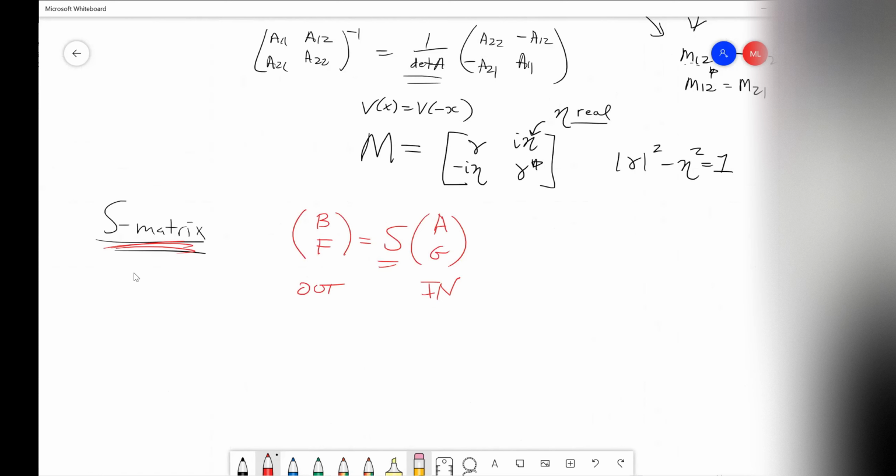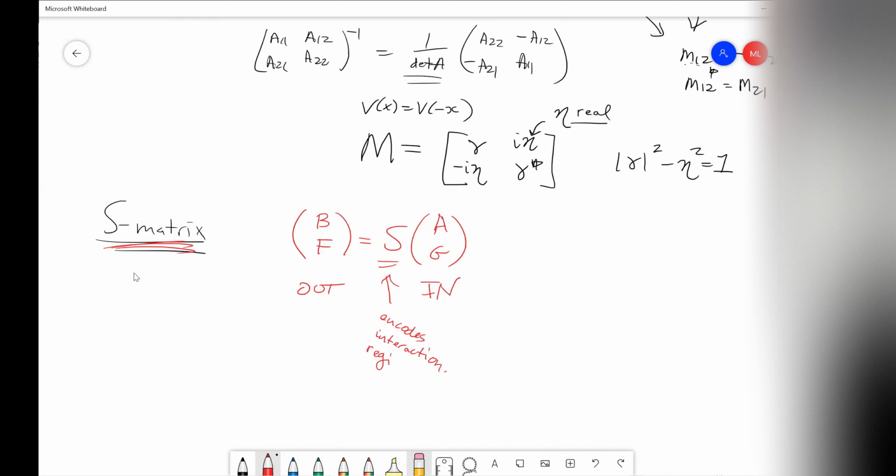So it encodes the interaction in region 2, or in the interaction zone, if you want to think about it in the 3D case.